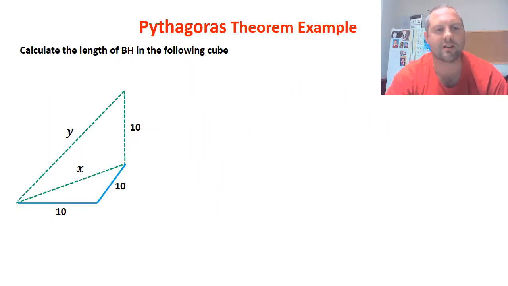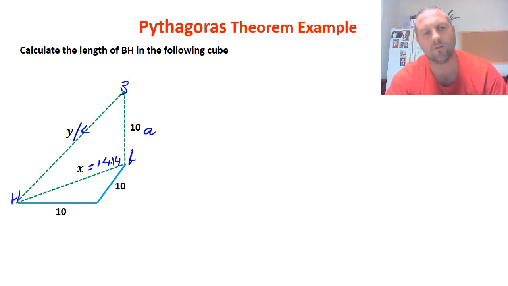Now that you've found your X as 14.14, we can now go and find our BH, or our Y slash C. So we're going to use our 10 as an A, and this is our B as 14.14, in order to find C. So substitute it. We've got 10 squared plus 14.14 squared equals your C squared slash Y squared.